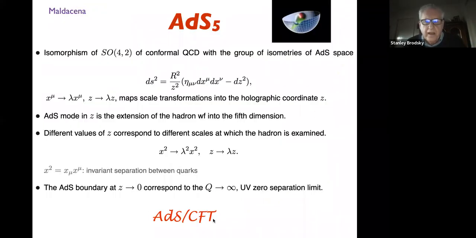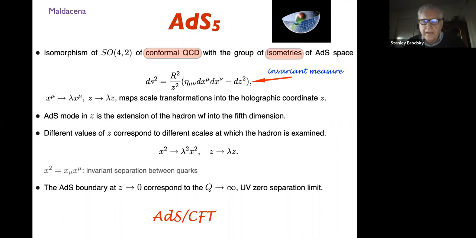Okay, so a little bit more detail about anti-de Sitter space. It's actually a theory in the 5th dimension. With the G, this is just like G mu nu, but it has a minus dz squared. And the short distance physics is when you start to go to the boundary of z equals 0. But it's really a representation of the conformal theory. That's a whole story in itself.